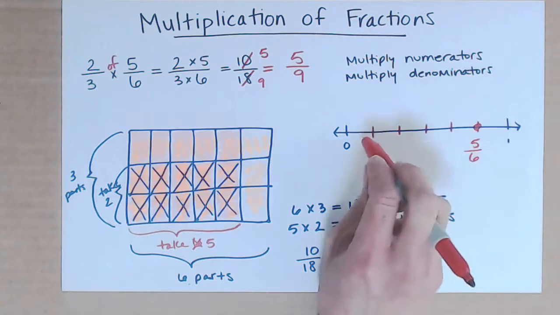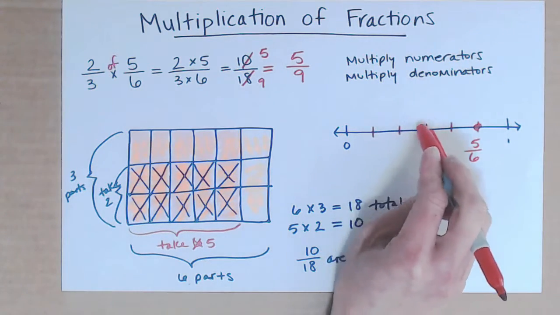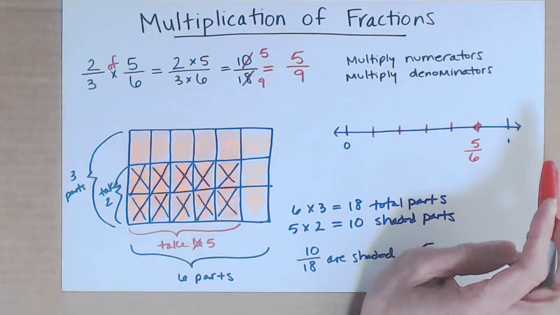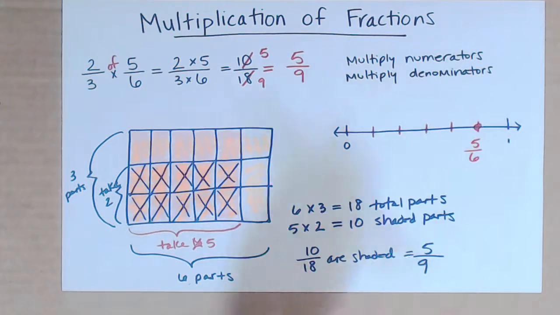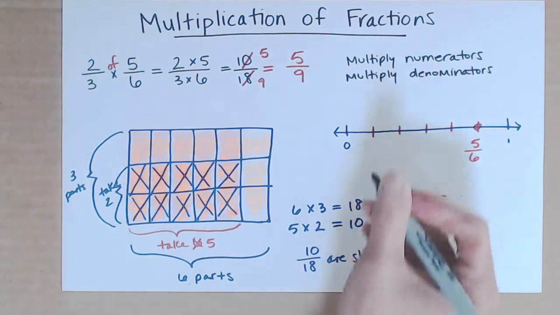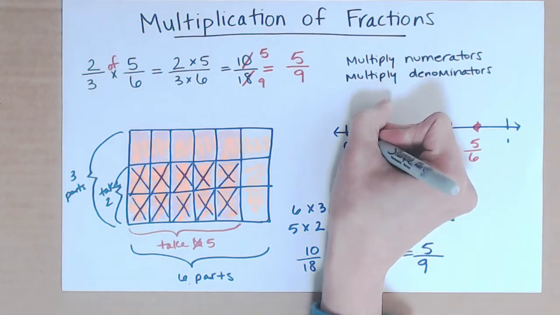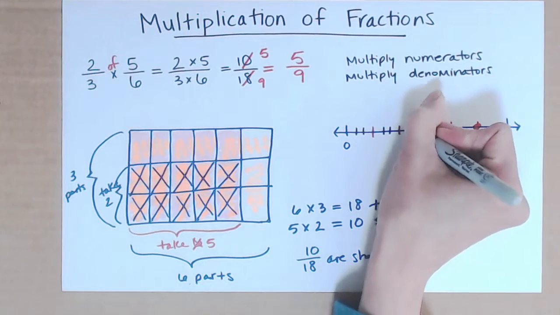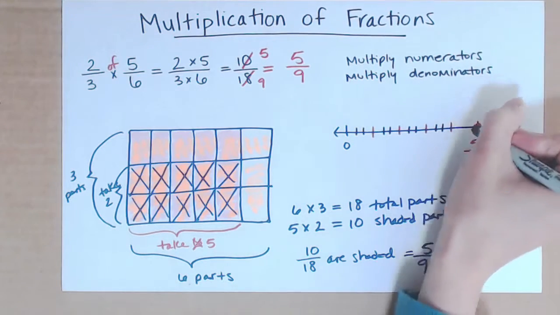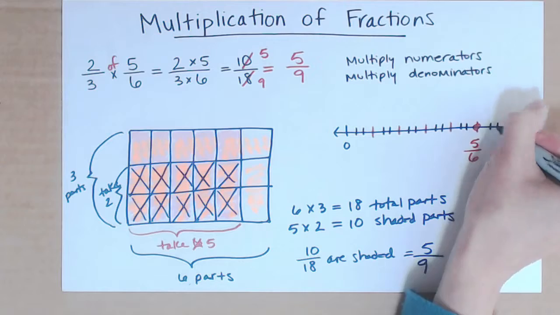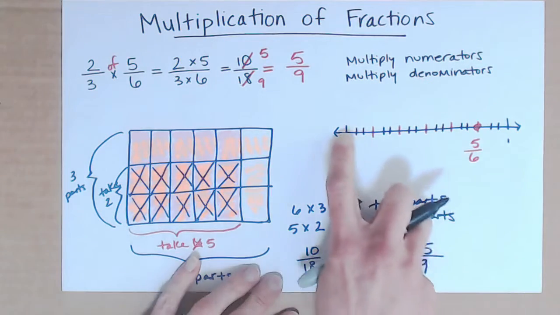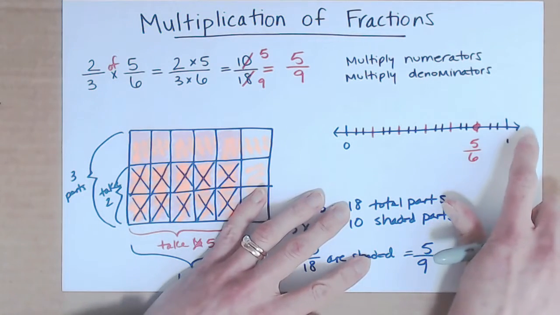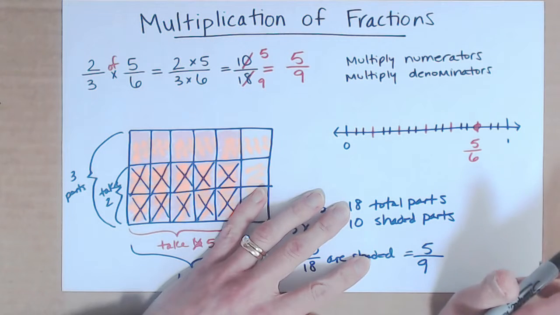So we have here 1 segment, 2, 3, 4, 5. 5 is not divisible by 3, so we can't easily take 1/3 of it. So we break each of those segments into 3. Now instead of having 6 segments, we have 18.